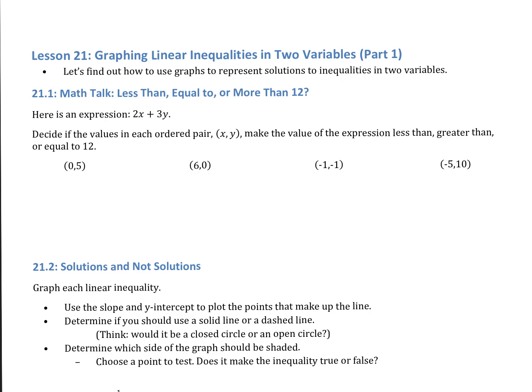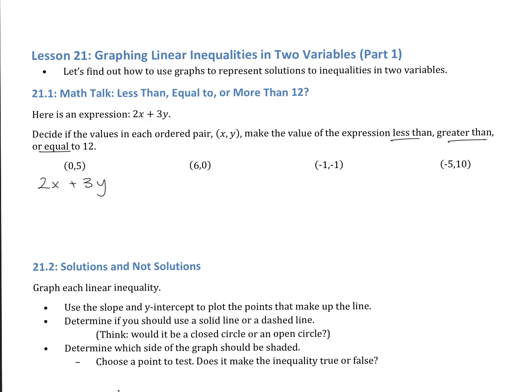First, we are going to test some points in this expression, 2x plus 3y, and decide if the values make the expression less than, greater than, or equal to 12. Our expression is 2x plus 3y.